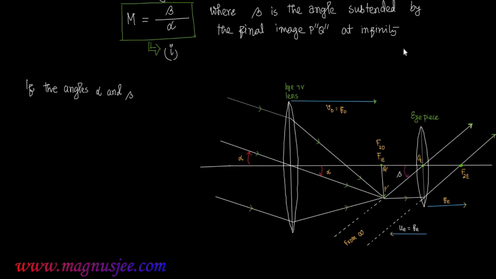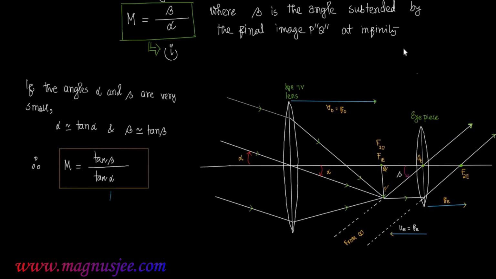If the angles alpha and beta are very small, then alpha is approximately equal to tan alpha and beta is approximately equal to tan beta. Therefore, the magnifying power capital M is equal to tan beta by tan alpha.